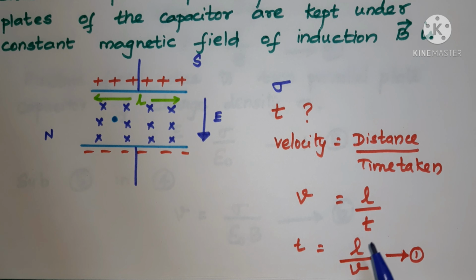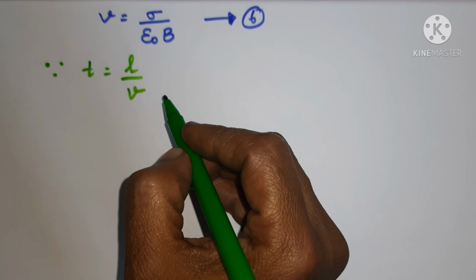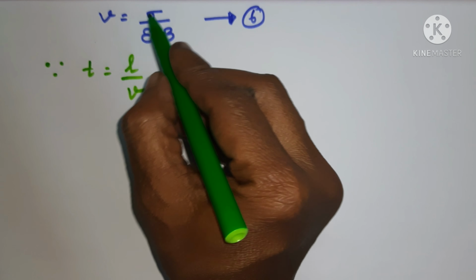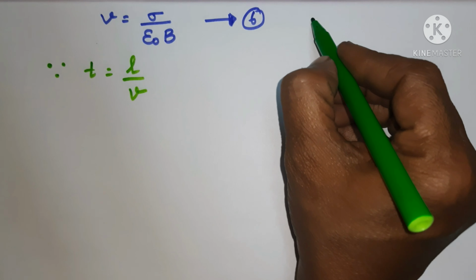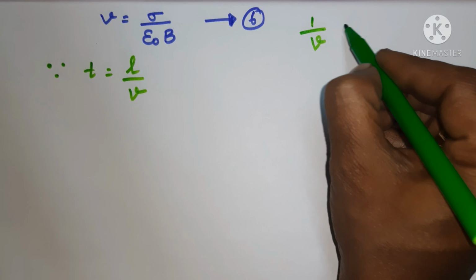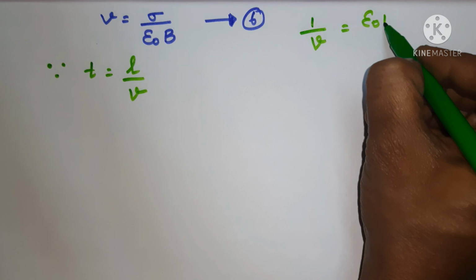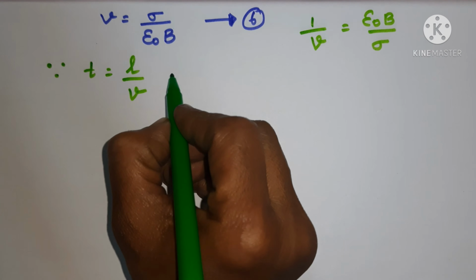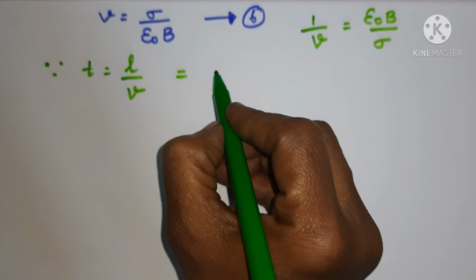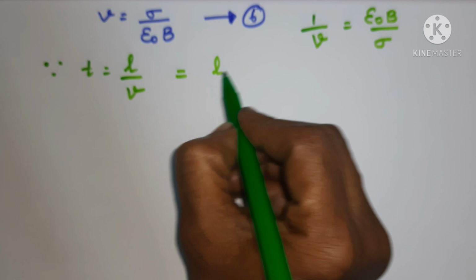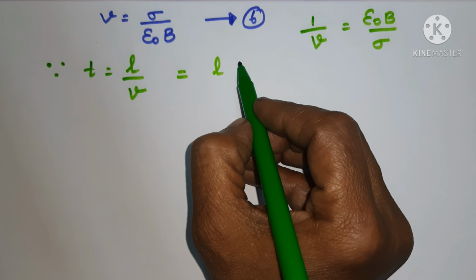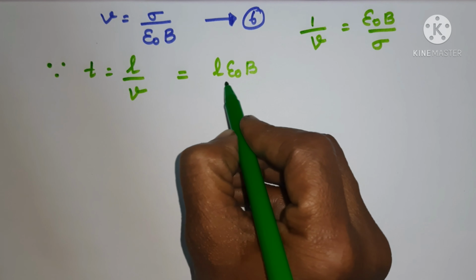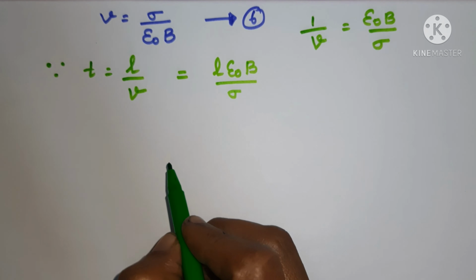T is equal to L by V, so we need 1 by V. We have V is equal to sigma by epsilon naught B. Therefore, 1 by V is equal to epsilon naught B divided by sigma. Therefore, T could be written as L into epsilon naught B divided by sigma.